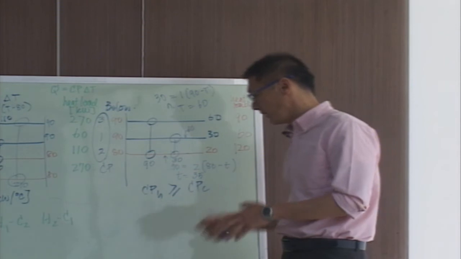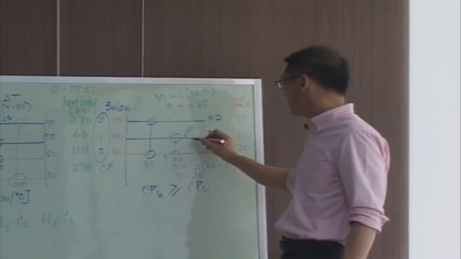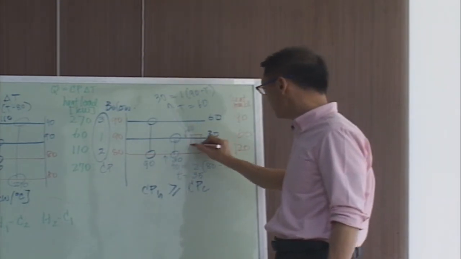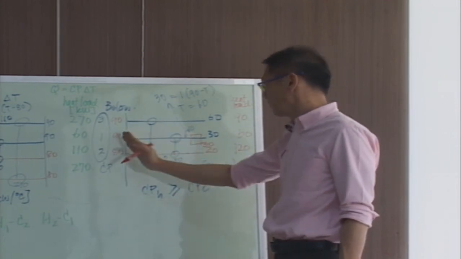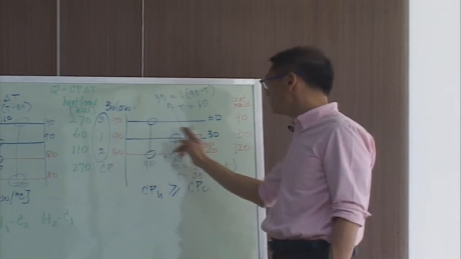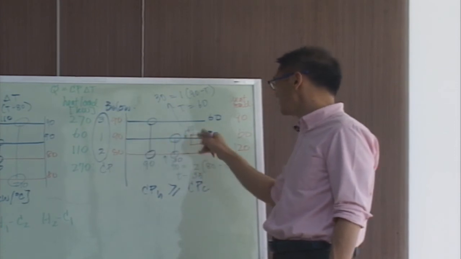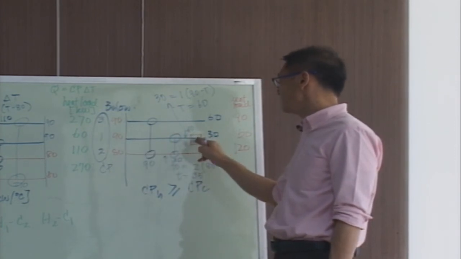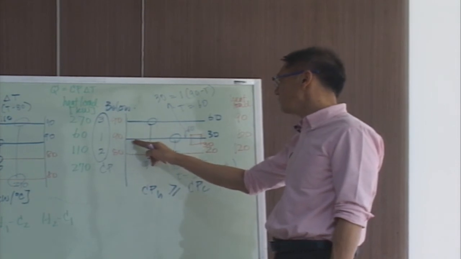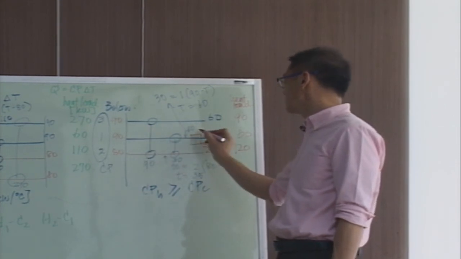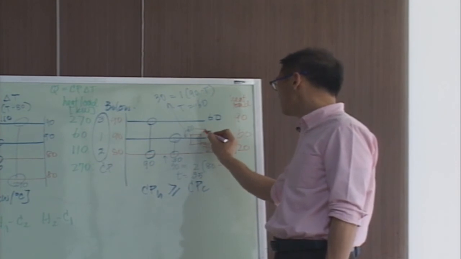So the remaining becomes 30 here. And the heat requirement here is as the utility used to reduce the temperature from 60 to 30 degrees Celsius.